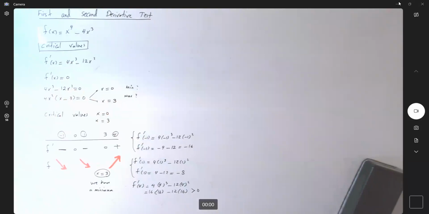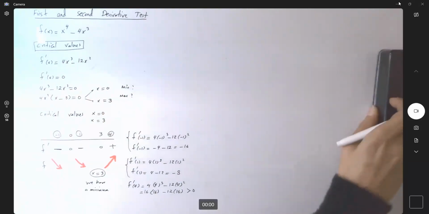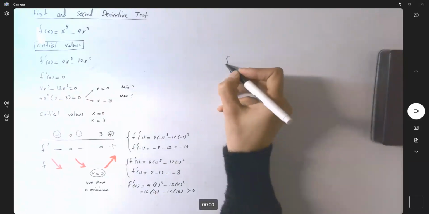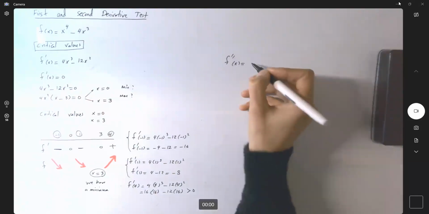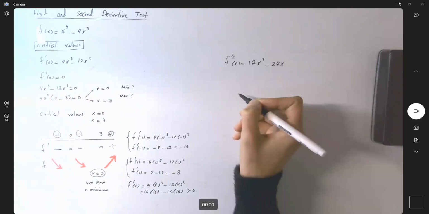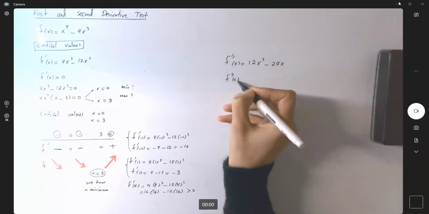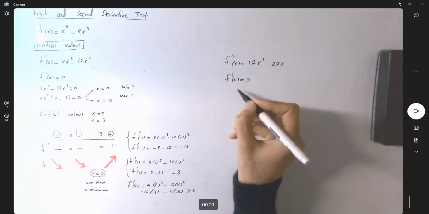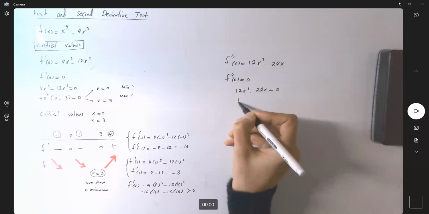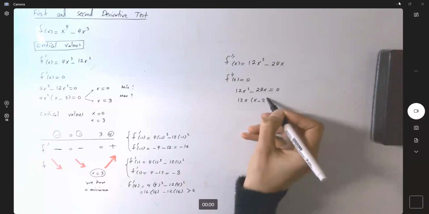Now we're going to use the second derivative and check to see what we get from it. The second derivative of the function is 12x squared minus 24x. If I set the second derivative equal to 0, I get 12x squared minus 24x equals 0, or 12x times (x minus 2) is 0.